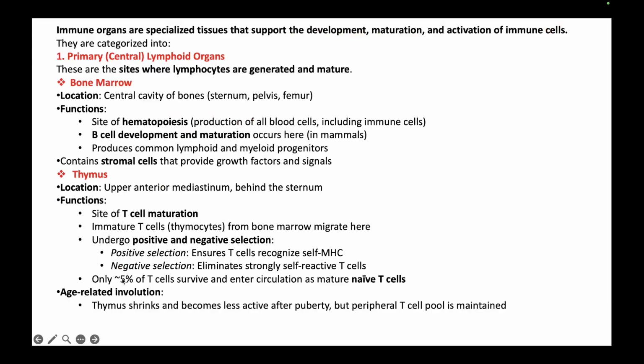So the T cells undergo positive and negative selection inside the thymus, where they mature. Positive selection is whether these T lymphocytes can recognize the antigen presented by their own MHC molecule.